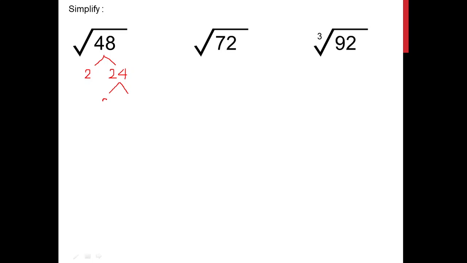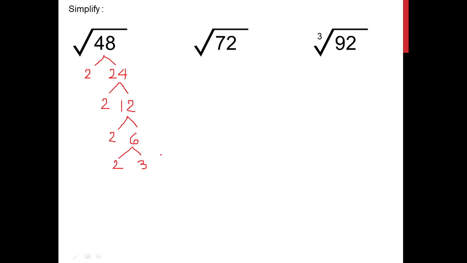So 24 divided by 2 gives you 12. Again, 12 divided by 2 gives you 6. 6 can still be divided by 2, which gives you 3. Now all the numbers here are already prime numbers. 2 and 3 are prime numbers.